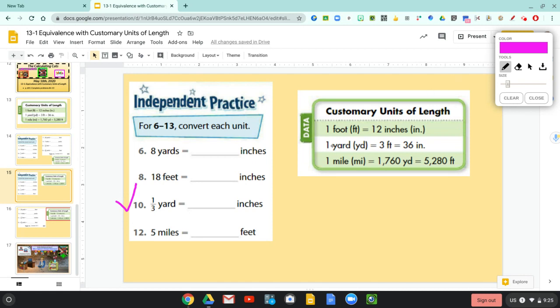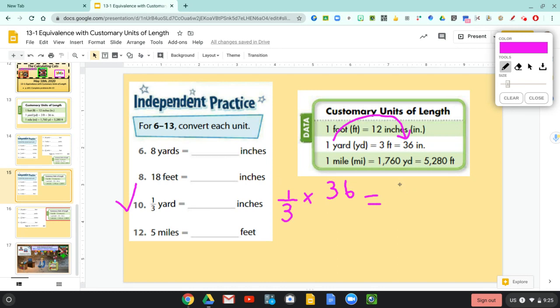So I'm going from yards to inches. So my magic number is going to be 36. So I'm going to take 1/3 times 36. And remember, when you're doing a fraction times a whole number, you take the numerator times the whole number.